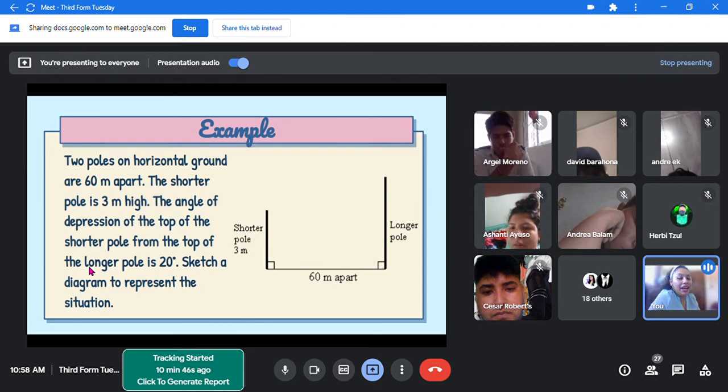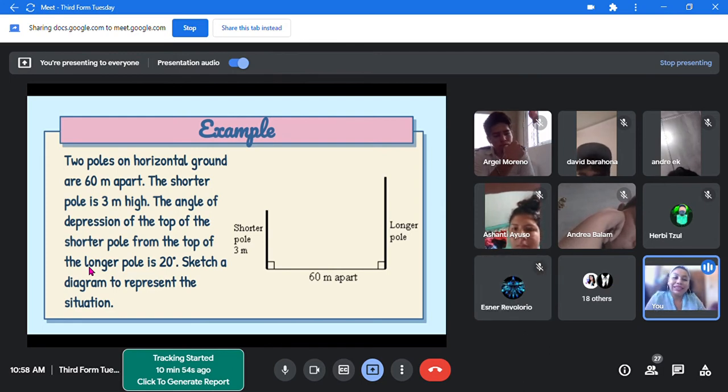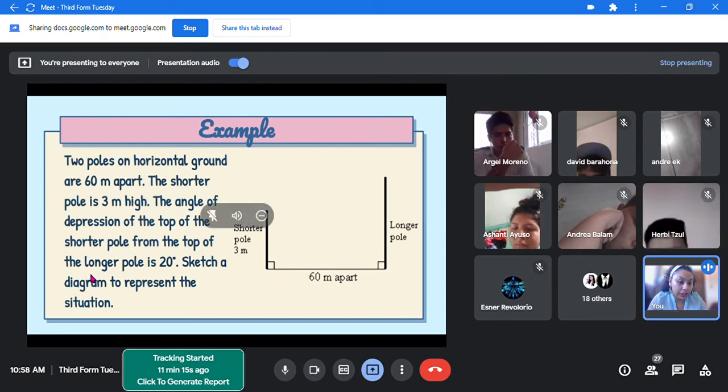Sketch a diagram to represent the situation. So I have on the side the short pole and I have the longer pole. It says that both of them are standing on horizontal ground, meaning that both of them are standing on the same thing. You have one pole being longer than the other one, and the question only gives you that they are 60 meters apart and that the shorter pole is 3 meters high.